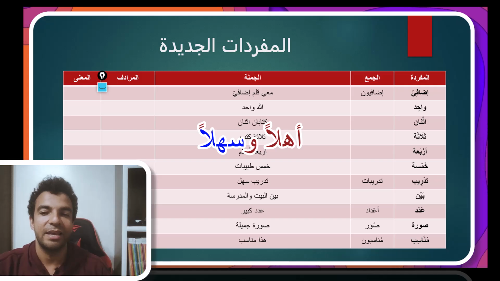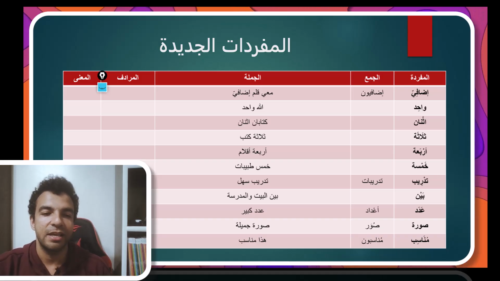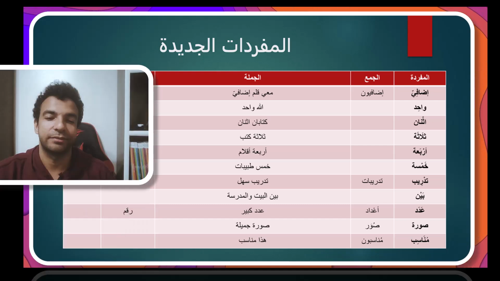And then بين, that means between. And here we say بين البيت والمدرسة, between the house and the school. Then the word عدد, plural, أعداد. Example of this, عدد كبير, a big number.